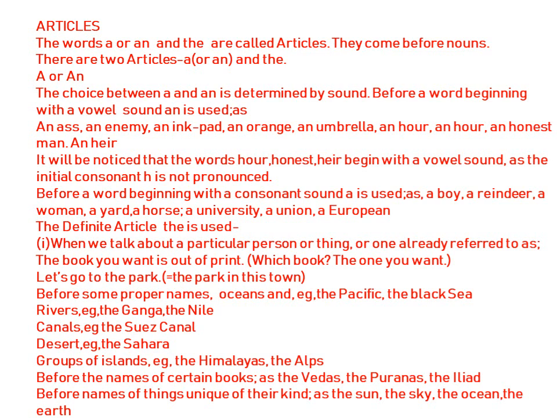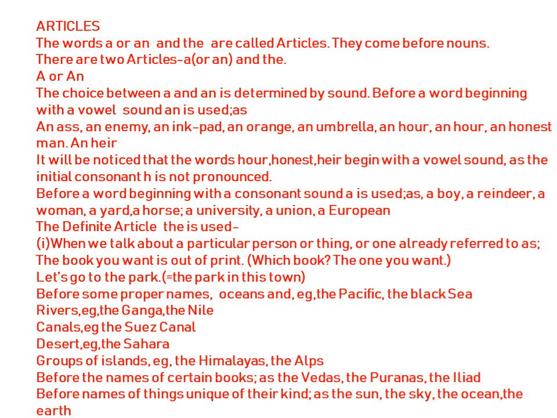It is a silent H, also called mute H. That's why an is used there. It will be noticed that the words honest and heir begin with a vowel sound as the initial consonant H is not pronounced.